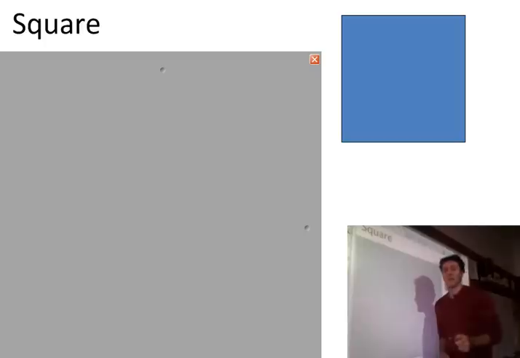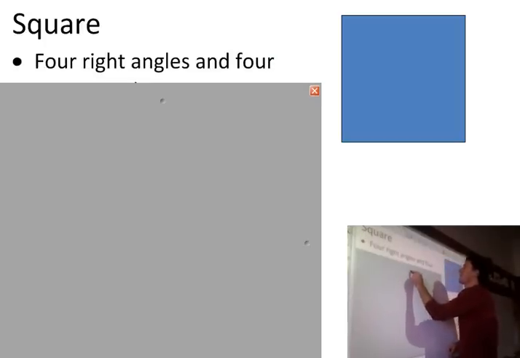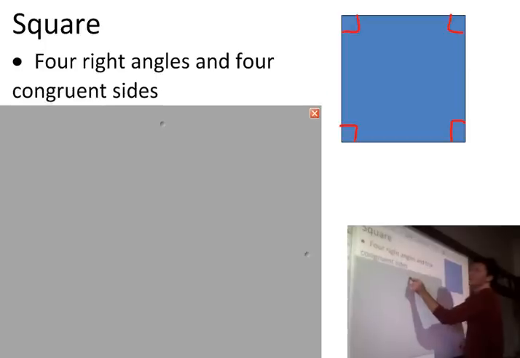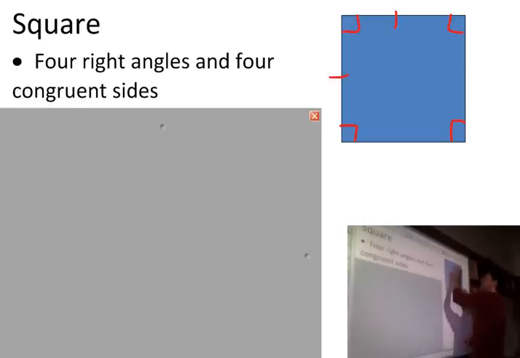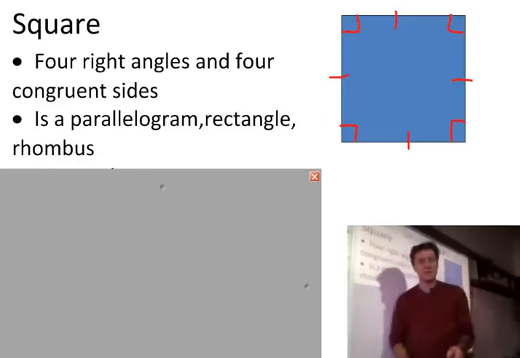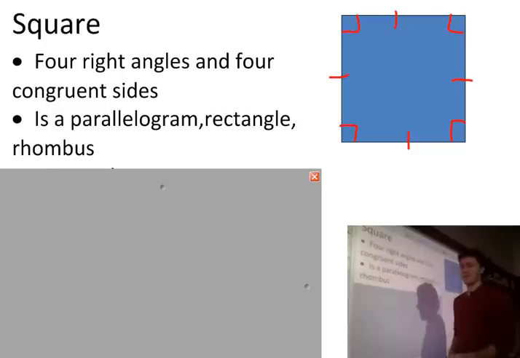Now square, I love squares. You've got 4 right angles, and 4 congruent sides. So this is everything. It's a parallelogram, it's a rectangle, it's a rhombus, all of the above.